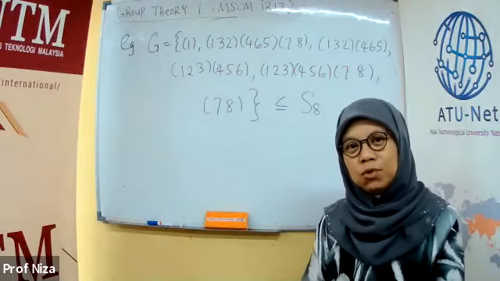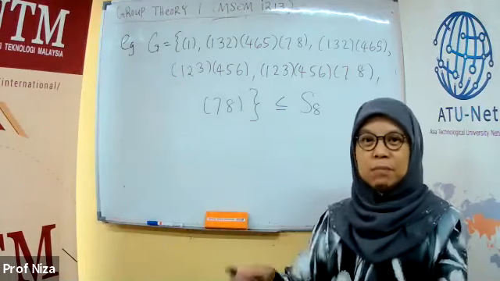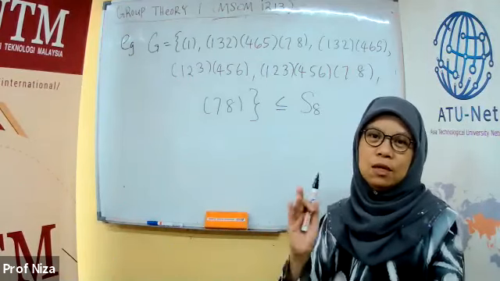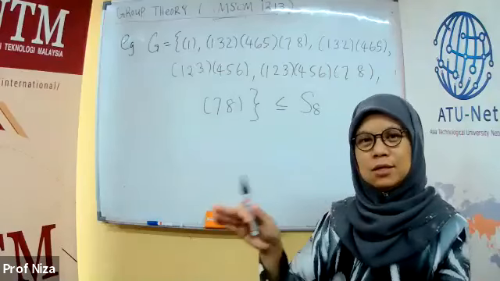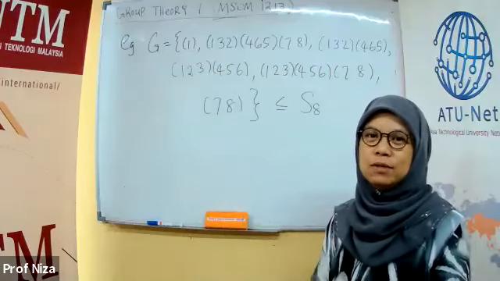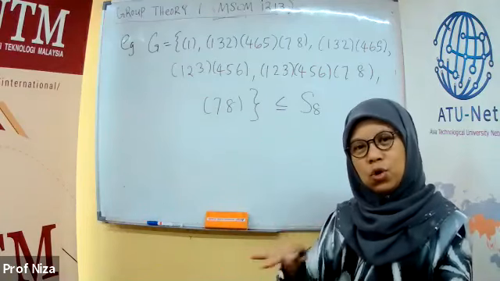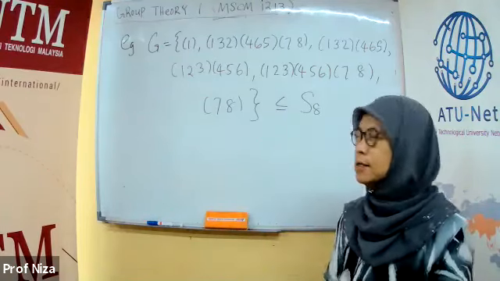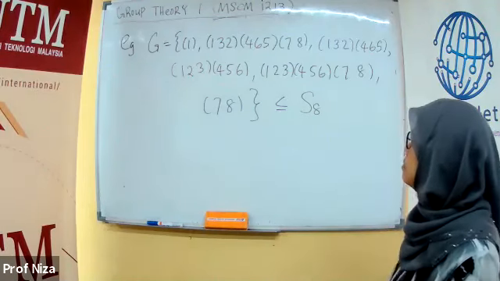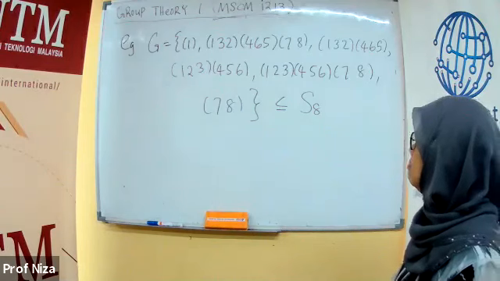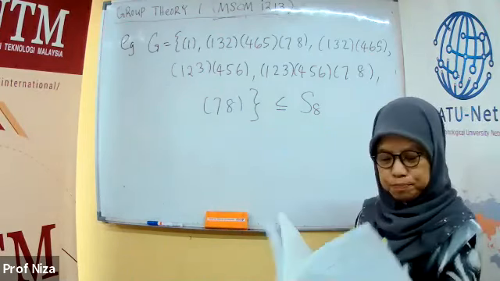How do you know it's a subgroup? The Cayley table is the easiest way, because you need to show that it's closed, and so on. Every row and every column has each element, so this is a subgroup.